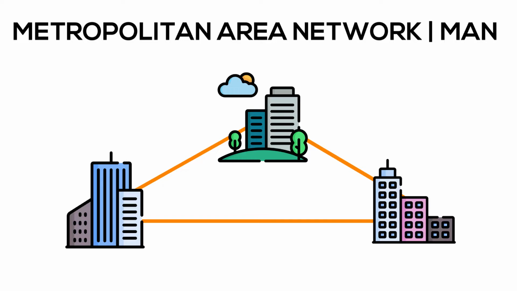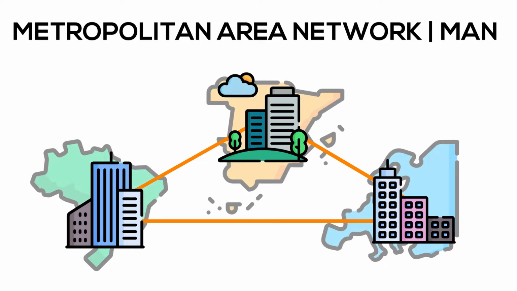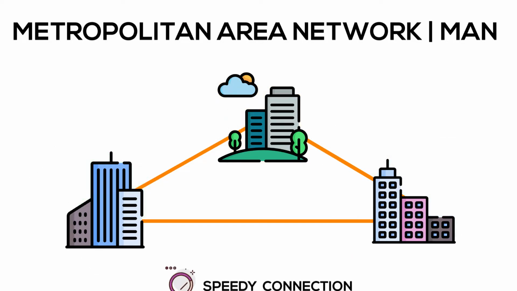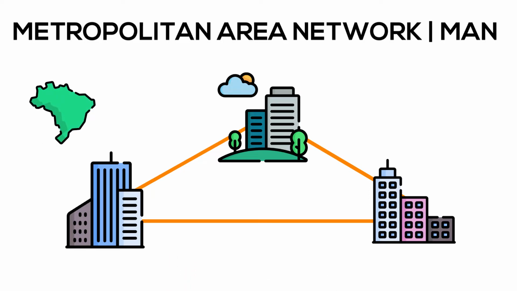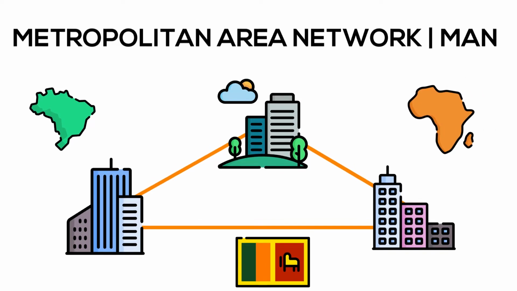For example, if a company has its branches in different states or provinces, they connect the branches together so that they can share resources and get data from different regions. This network is really high speed because of the large amount of data flow in a larger area. This network is limited to a state, province, country, or even a continent.